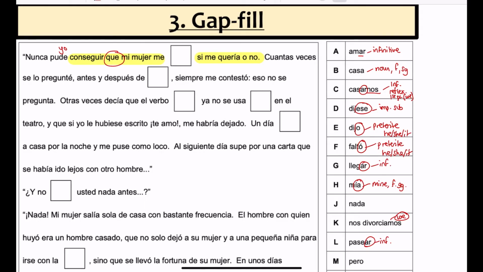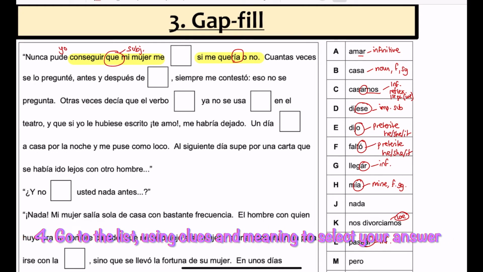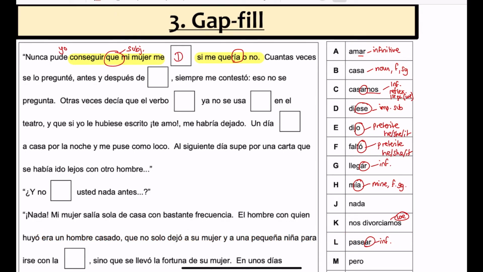If you're getting somebody to do something, you need the subjunctive. And because we're in the past time frame, me quería, it's got to be the imperfect subjunctive. My only imperfect subjunctive, as I've identified, is option D. Dijese. Nunca pude conseguir que mi mujer me dijese que si me quería o no.